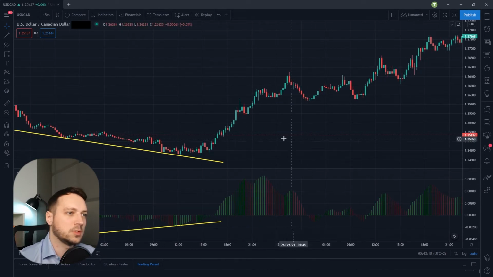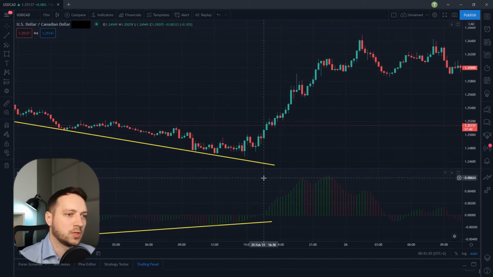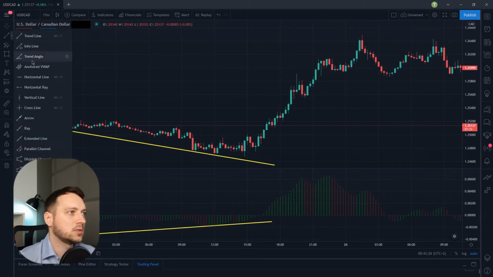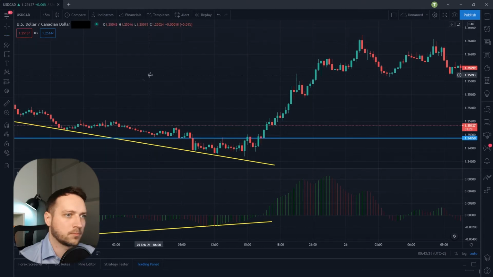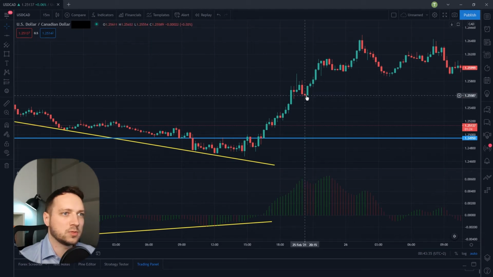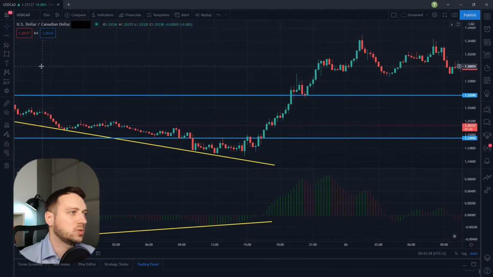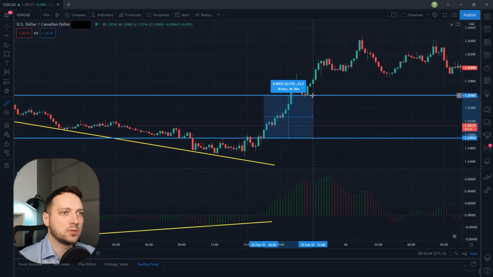And again, let's check the entry point. It would be this red candle, so that would be our entry level. More or less. And the first red one is here, so that would be our exit level. And let's mark it with the ruler. It would give us somewhere around 63 pips.